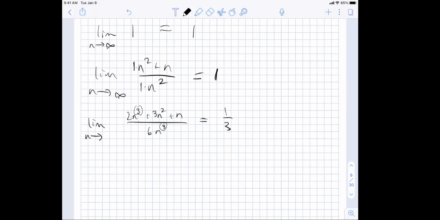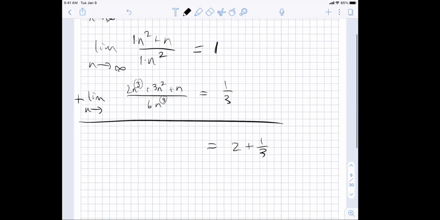We get 1/3 here. Okay, so I'm just adding all these up, right? The left-hand side is the limit of the big sum that I cared about. The right-hand side, the final answer is going to be 1 plus 1 plus 1/3. Times 3/3 is 6/3. So that's 7/3.